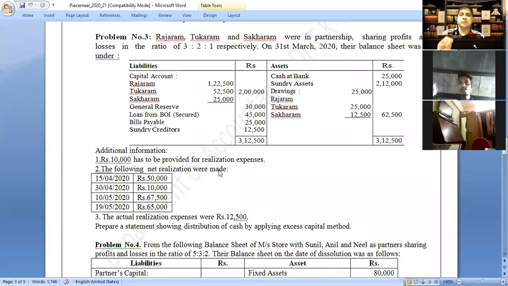The partnership firm sold the assets and earned money. On 15th April 2020, they sold assets and 50,000 rupees was earned. So 50,000 rupees is cash available on 15th April 2020. So we can put this amount.